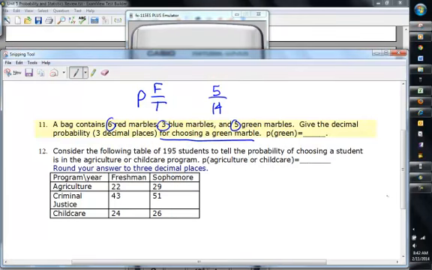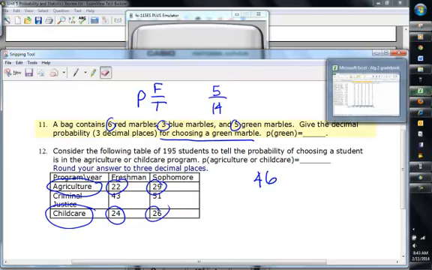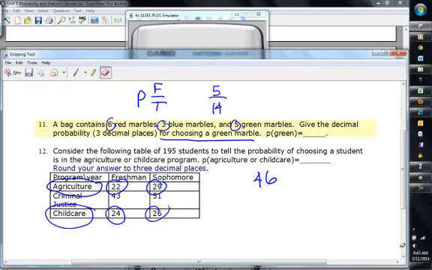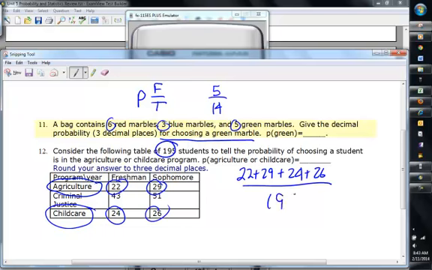Consider the following table of 195 students to tell the probability of choosing a student in agriculture or childcare. So add these two together, you get 46. Oh, I'm sorry. I gotta erase this. Here we go. It's 22 plus 29 plus 24 plus 26 over 195.